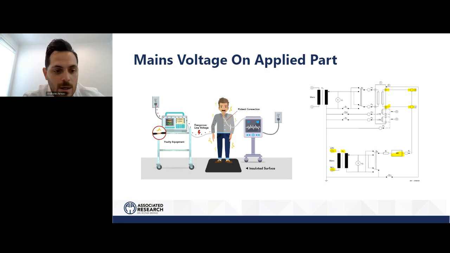Let me choose a different option here, right? Our MD connected to an applied part, this whole area of the T1, right? We've just been discussing this at length. So we understand what this is.